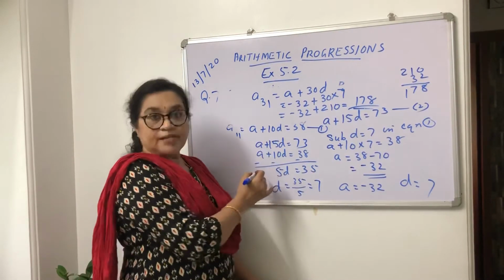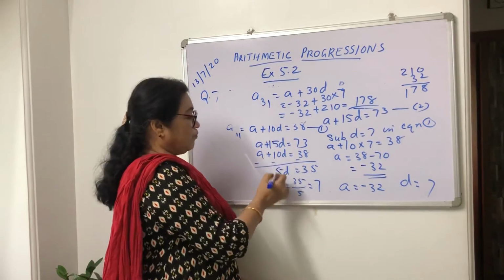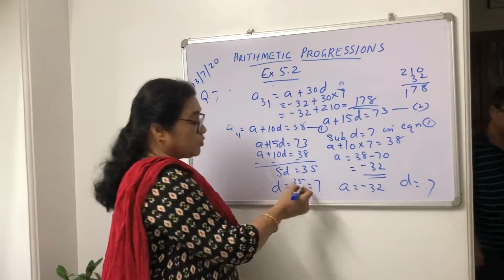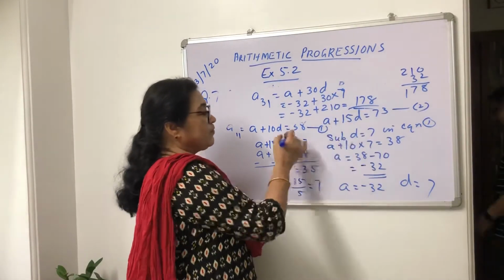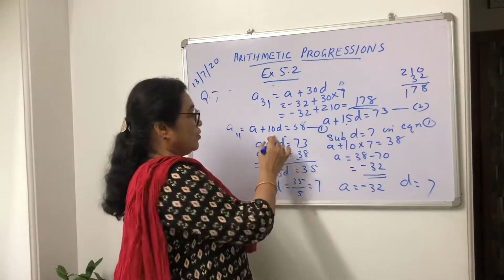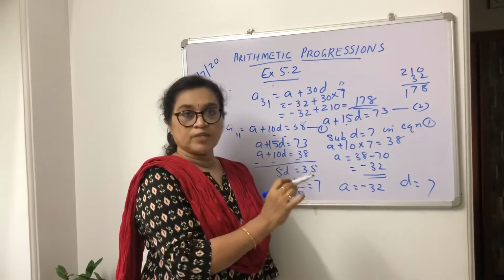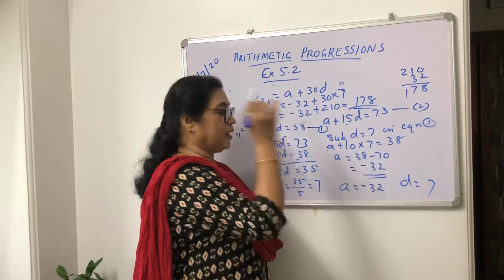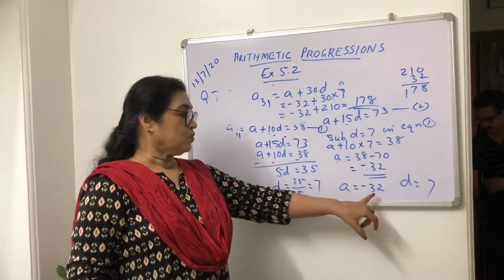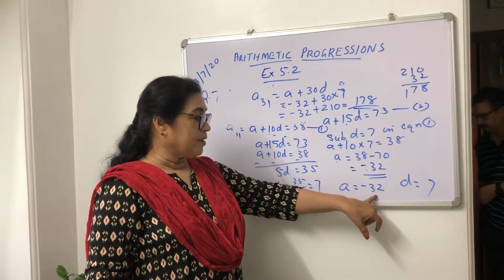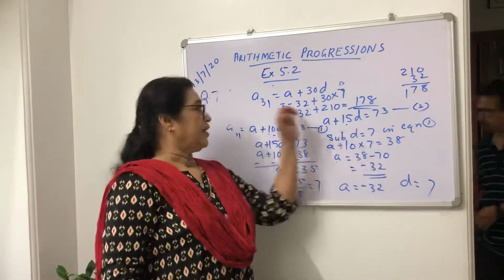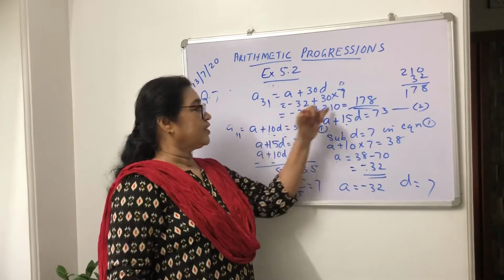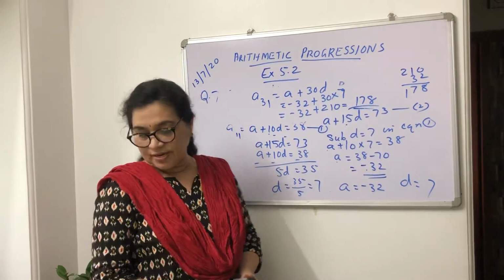You can eliminate A from here. 5D is equal to 35, D is equal to 7. Substitute the value of 7 in any of these equations. I have substituted in equation 1: A plus 10 into 7 is 38, then A is equal to minus 32. Once you get A as minus 32 and D as 7, A31 is equal to A plus 30D. So you are getting the value 178.